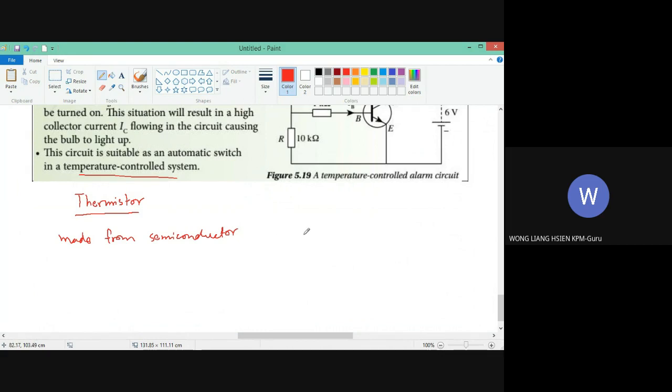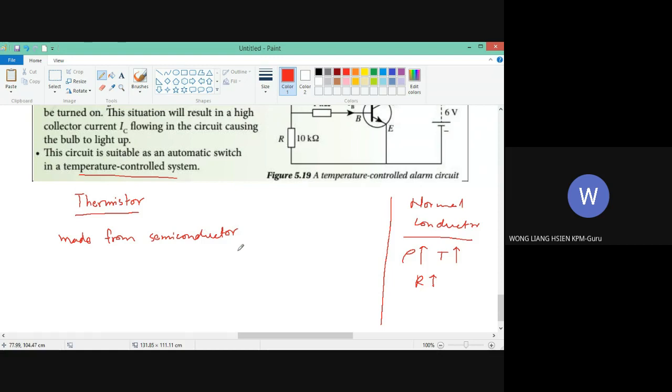Normal conductor, we know that the resistivity will increase when the temperature increases, right? So it makes the resistance increase when the temperature increases.